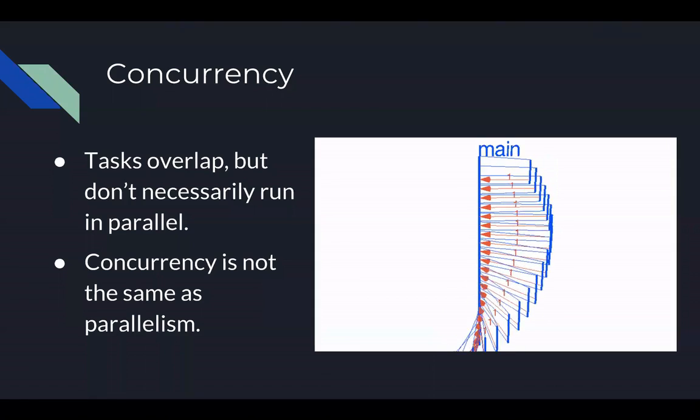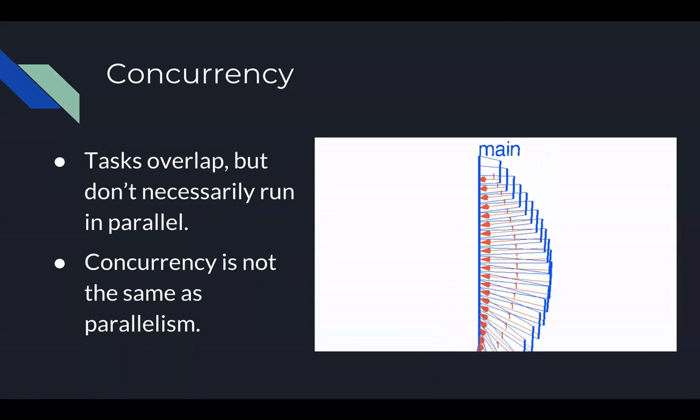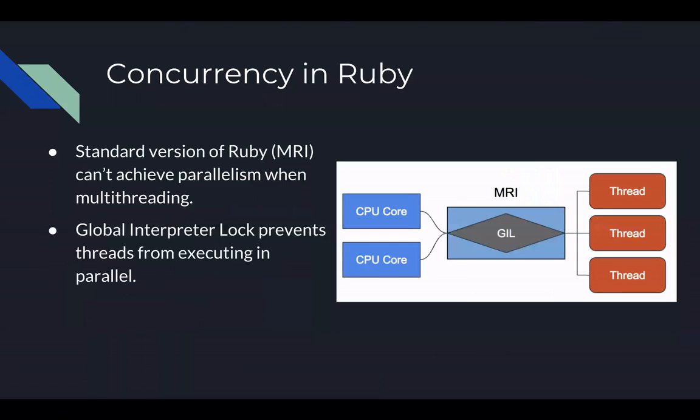Since this talk is focused more on Ruby, I have to go a little into the details of Ruby concurrency. The standard version of Ruby, known as the MRI, Matz's Ruby Interpreter, the Ruby runtime that Matz, the creator of Ruby, created, is built in C. However, it's not capable of parallelism. Threads cannot be run all at the same time.